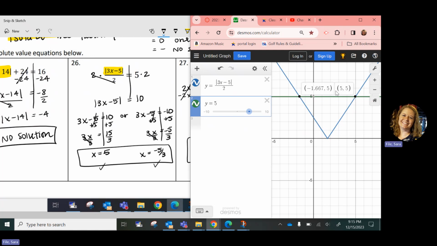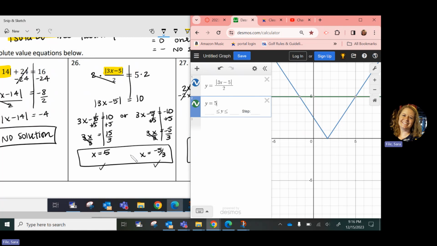So we can see that happens at 5 and at negative 1.667, which is negative 5/3. And if you're unsure of that, you can type in negative 5/3 and see it as a decimal. Okay? So that confirms that the solutions we found work.